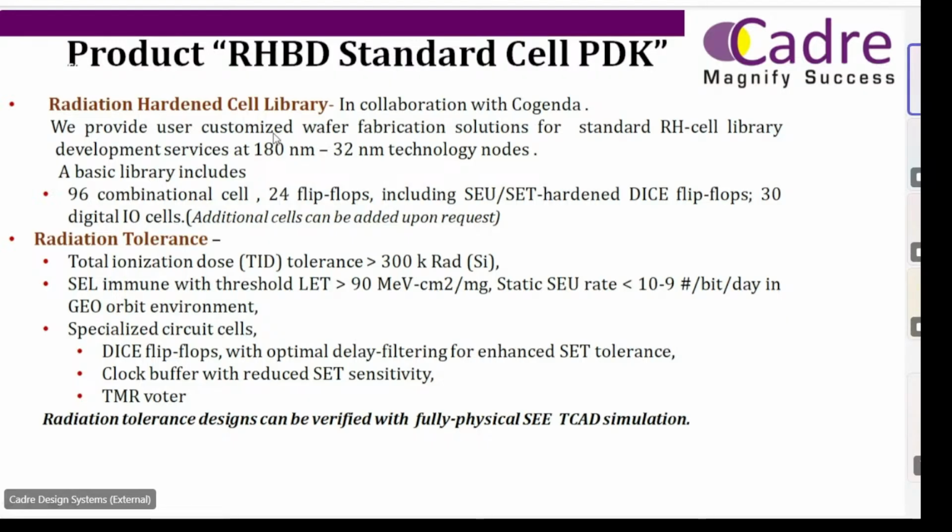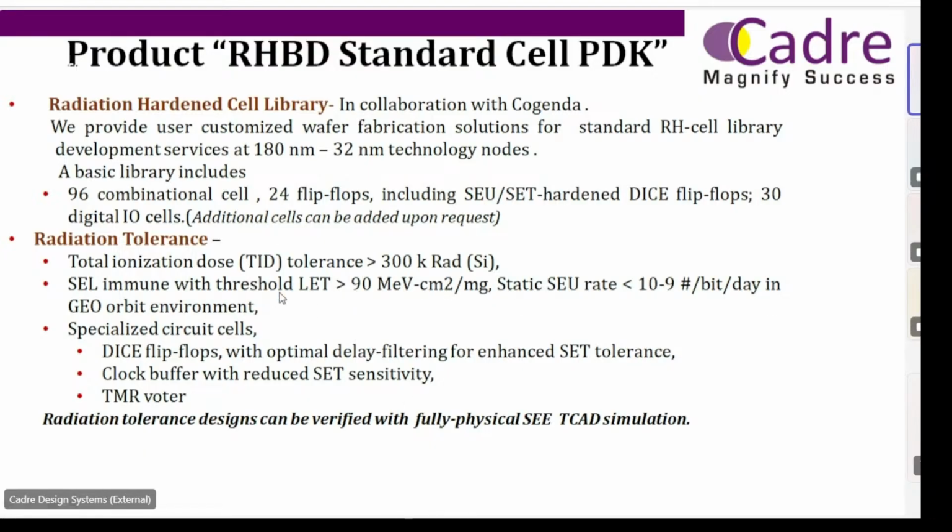When we talk about radiation hardened, all our standard cells are radiation hardened. That is useful for space grade electronics, so you can easily make space grade electronics. The TID tolerance is more than 300 kilorad, and the SEL tolerance is more than 90 MeV. So this is the tolerance level.